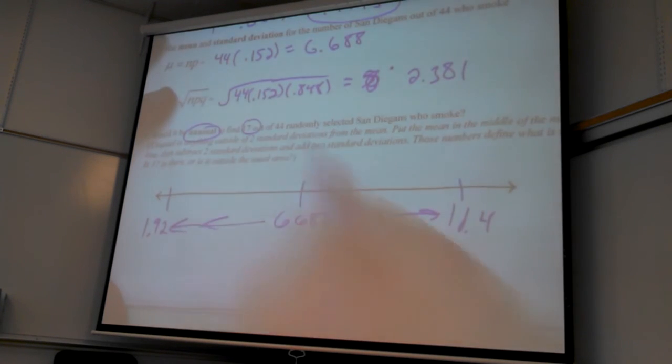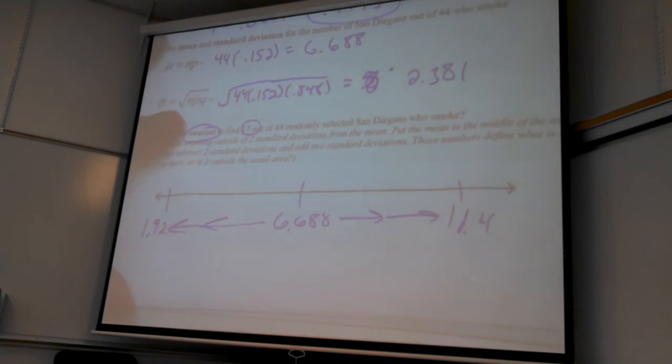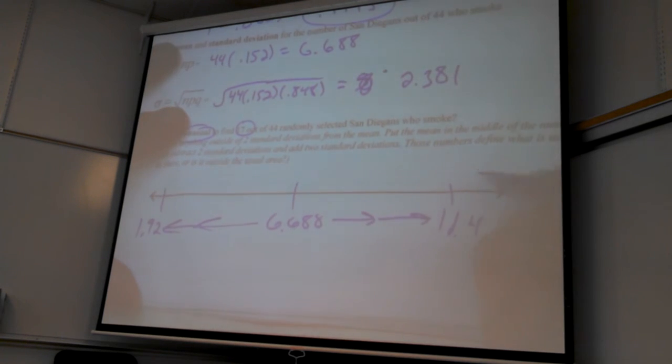So would it be unusual to find 17 if I picked 44 San Diegans? Would 17 be unusual? Yeah. Because it's way out here, right? This is my usual. I would expect between 2 roughly and 11. That's what I would expect to have happen if I picked 44 San Diegans. 17 would be very unusual, because it's way outside of there.